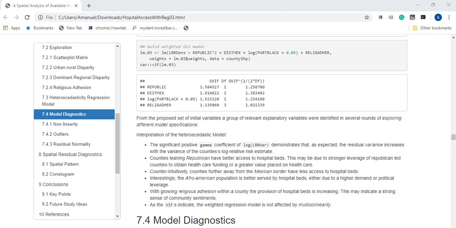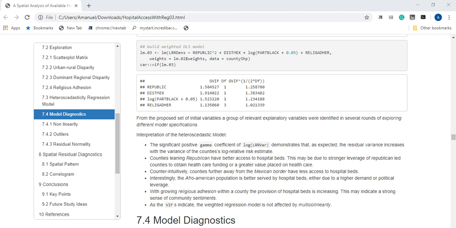The interpretation of the heteroscedasticity model shows the significant positive gamma coefficient of the log relative risk variance, demonstrating that, as expected, the residual variance increases with the variance of the county's log relative risk estimate.